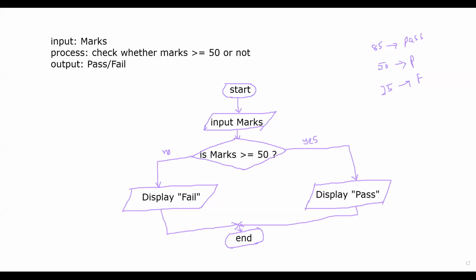If it is greater than or equal to 50, then we are going to say pass. If not, we are going to say fail. So the flow chart starts with start. You are getting marks. And then here you are checking whether the marks is greater than or equal to 50. There are two answers. If it is yes, then you are going to display pass. If it is no, then you are going to display fail. And then you finish it.